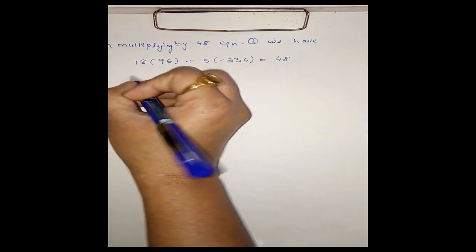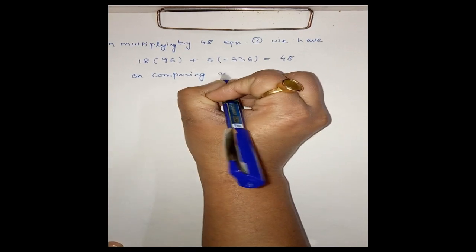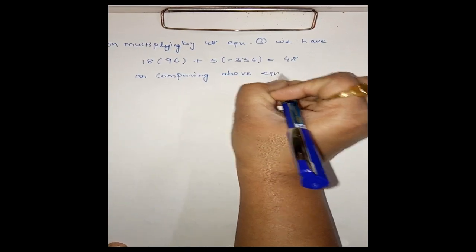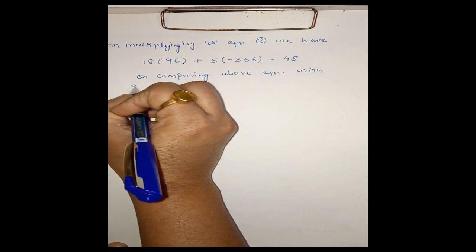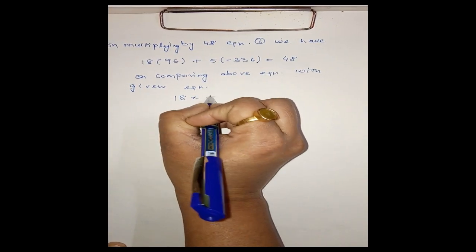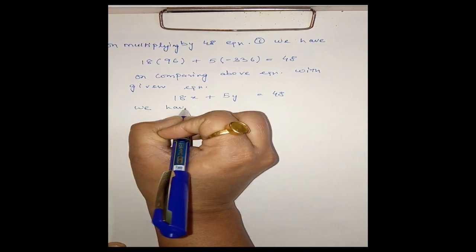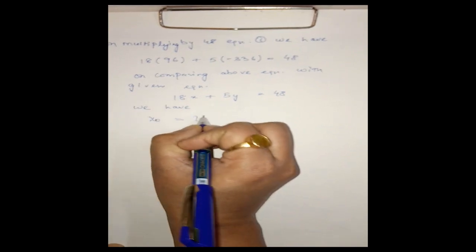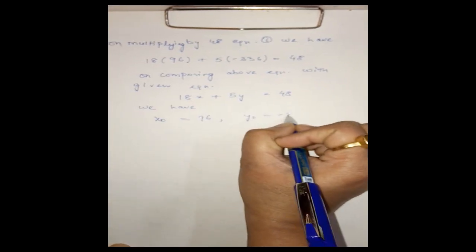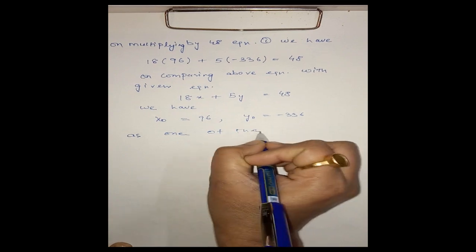Now on comparing the above equation with the given equation, which is 18x plus 5y is equal to 48, we have x naught is equal to 96 and y naught is equal to minus 336 as one of the solutions. Clear?